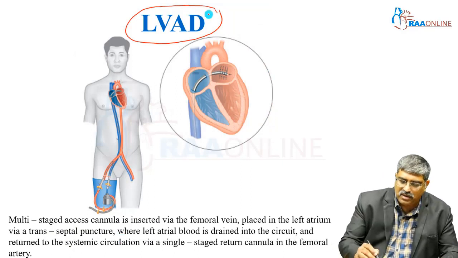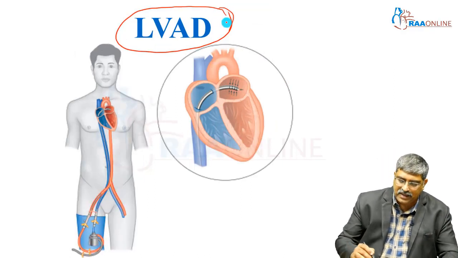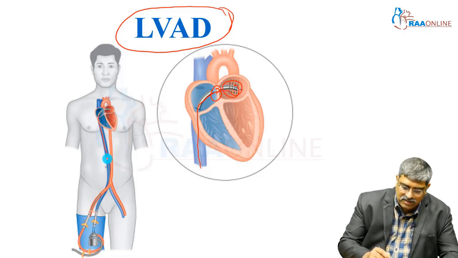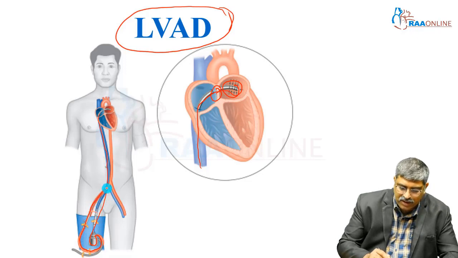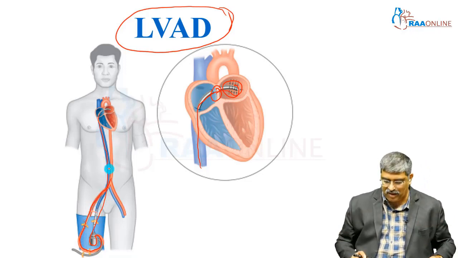Now coming to the third line of left ventricular assist device, that is LVAD or a TandemHeart. Here the cannula goes via the RA, punctures the septum and goes into the LA, and this blood comes into the pump and goes via the femoral artery into the systemic circulation. That is the left ventricular assist device.